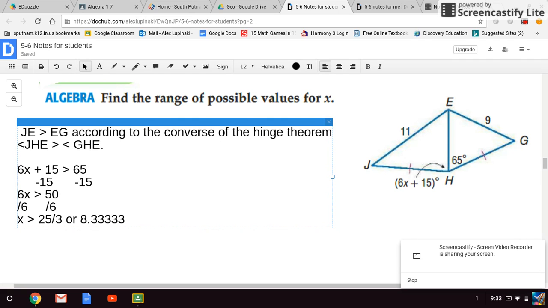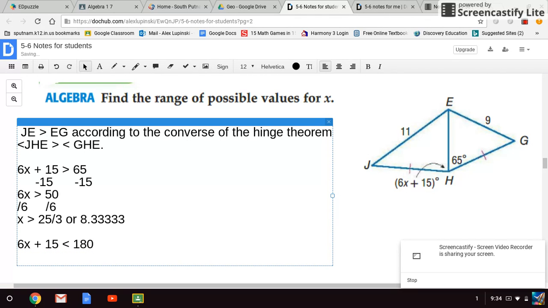So we have 615 degrees, which can't happen. In triangles, they can have a max of 180 degrees. So this is where it gets kind of weird. So we found the lower part. We also have to do 6x plus 15 has to be less than 180 degrees, or as many degrees as are in a triangle. So these problems basically have 2 steps.